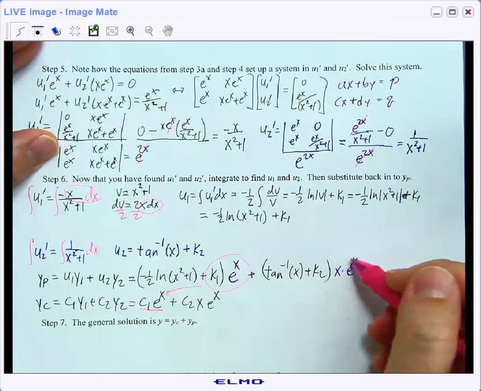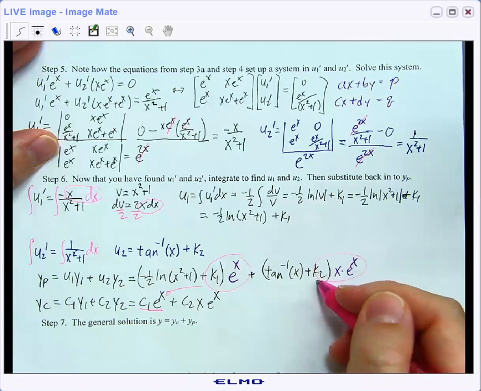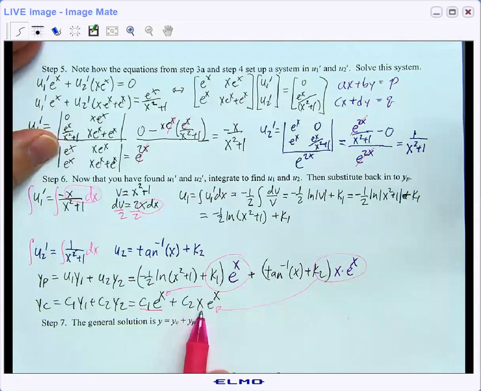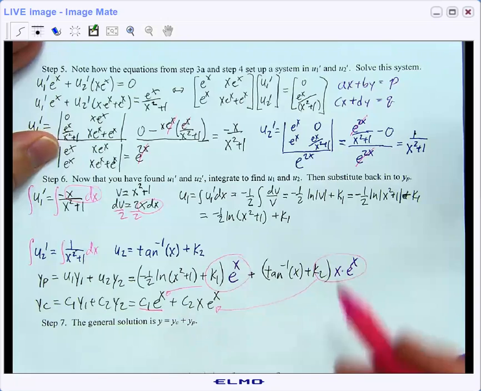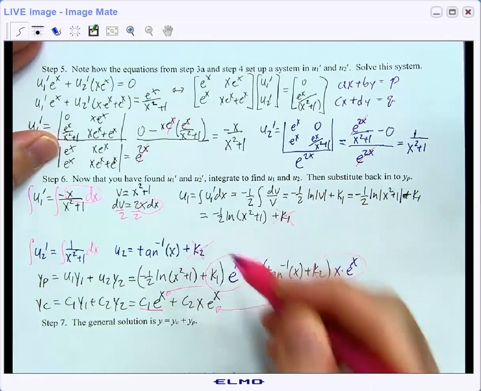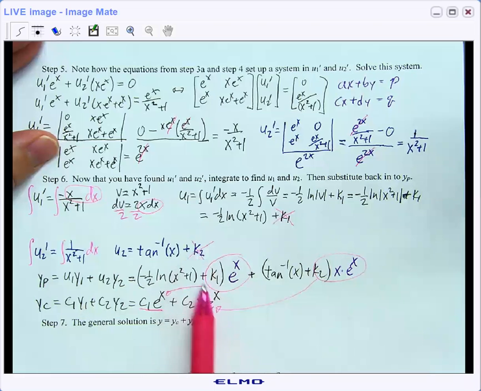And similarly, k2 x e to the x will be swallowed up in the homogeneous part here, c2 x e to the x. So sometimes you'll see us ignore these constants of integration in variation of parameters because they'll just work out anyway, and you don't really need them.